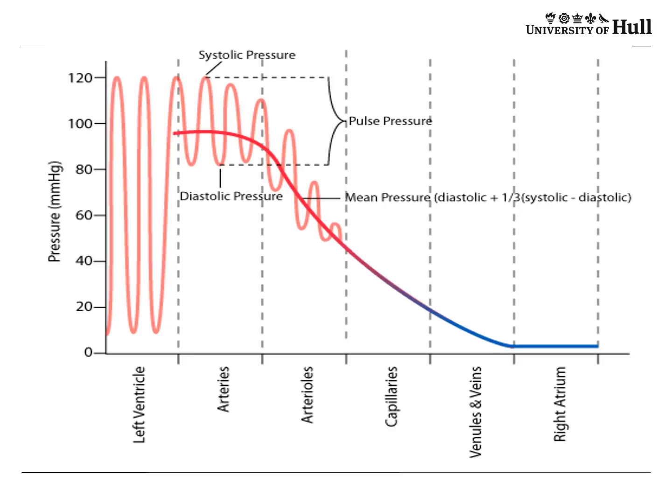We can see that there are large fluctuations in pressure at the left-hand side of the diagram. That's caused by the contraction and relaxation of the heart. This becomes attenuated as the blood gets into the arterial system, and these become very dampened towards the further parts of the arterial system.